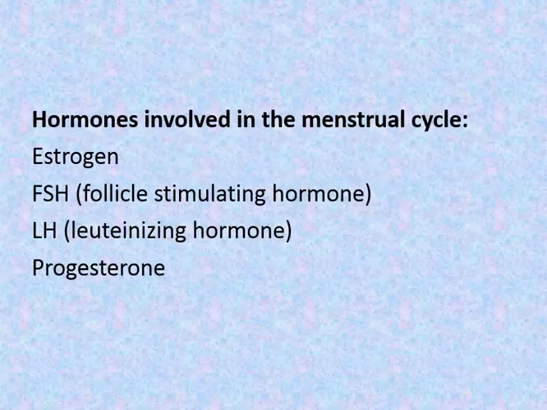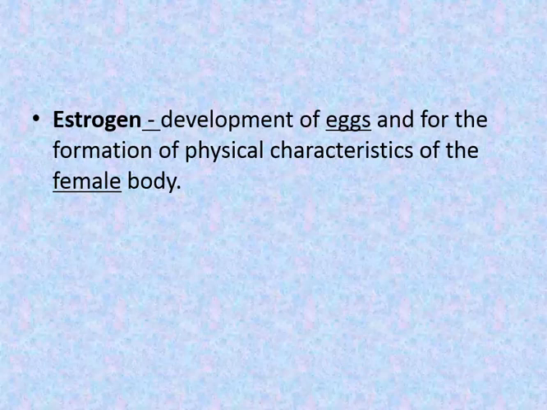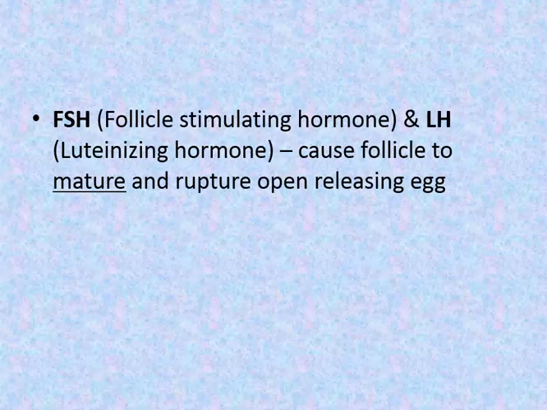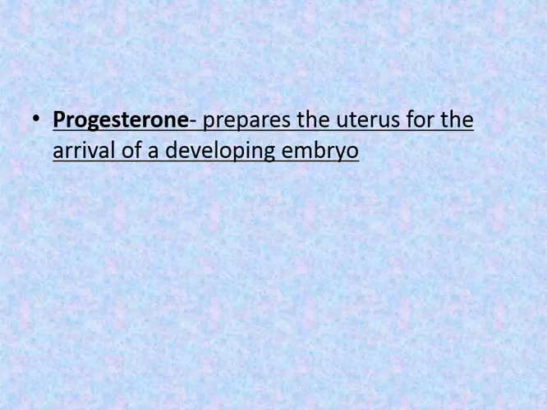And we know that estrogen is with female characteristics. The FSH and the LH have to do with the maturation of the egg in the ovary. Causes the follicle to mature and rupture open, releasing the egg. And then progesterone deals with preparing the uterus for the woman to be pregnant, so arrival of a developing embryo.